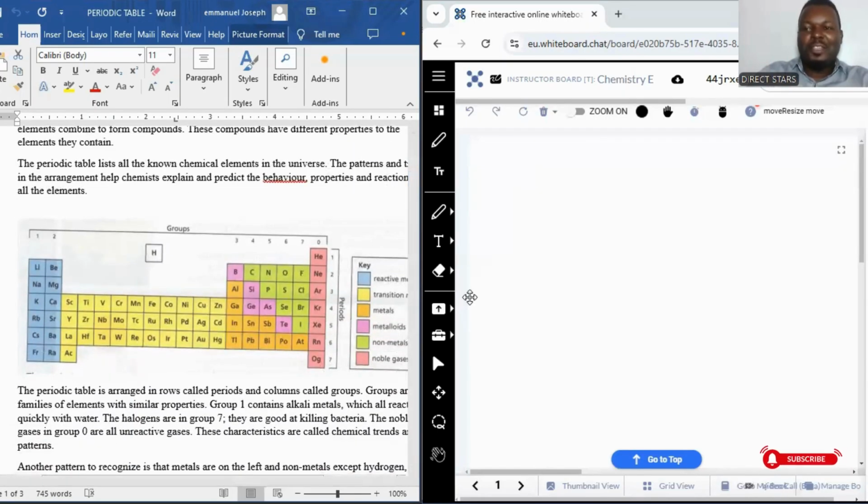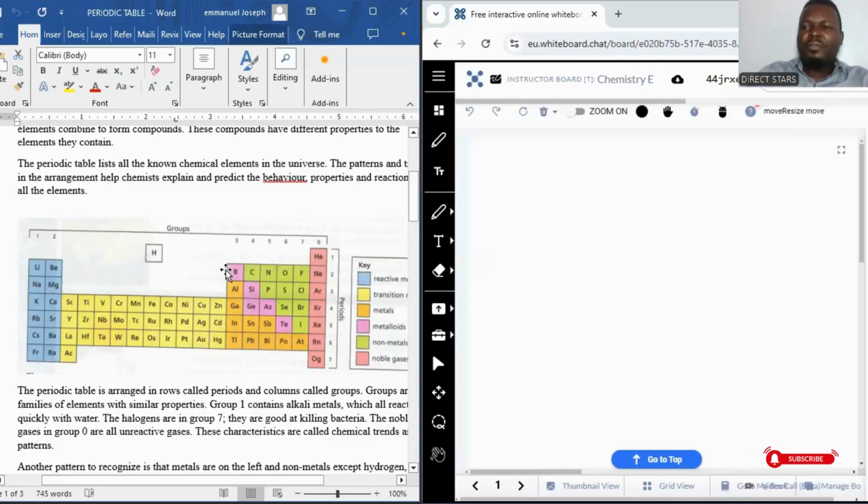You can see on the left side of my screen, you have a table with blue color, cream color, brown, and purple. And you also have green color.